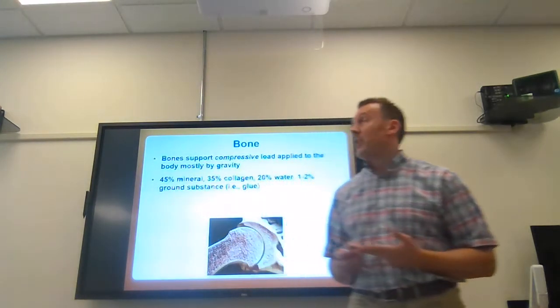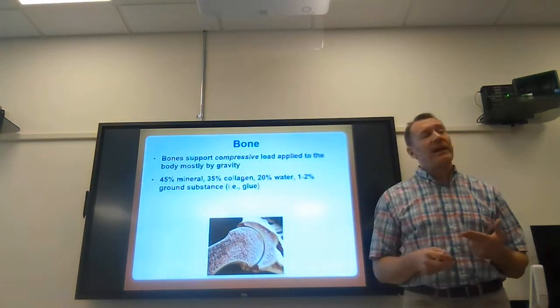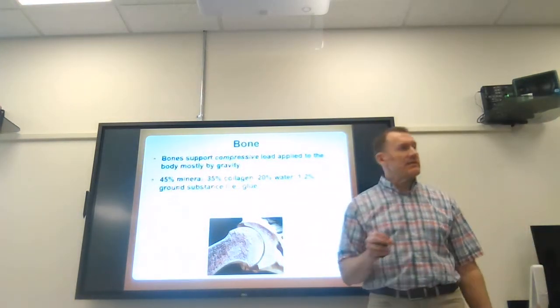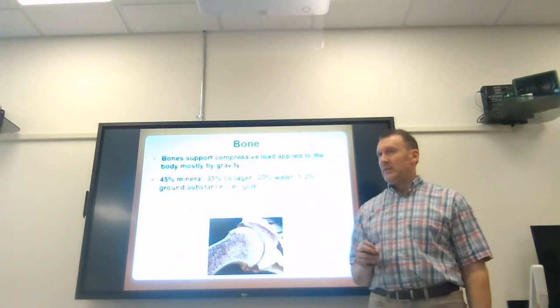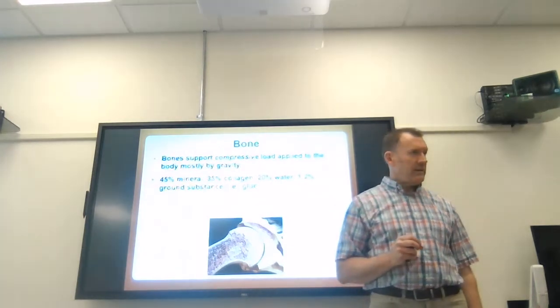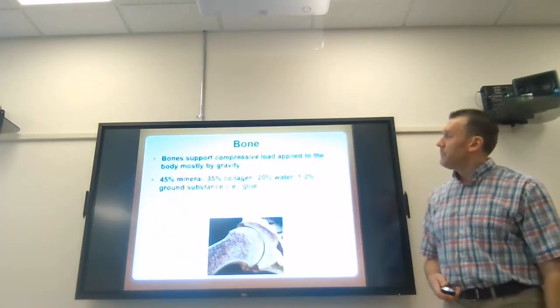I was reading up on ground substance as I was going over this lecture, and the analogy that I came up with is ground substance is like glue. It holds the collagen and cells together. It's kind of a pulpy type substance.